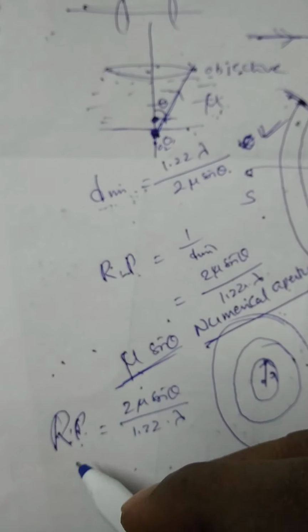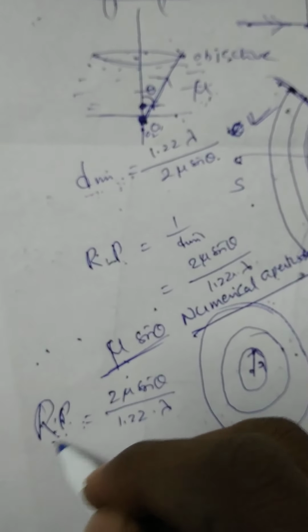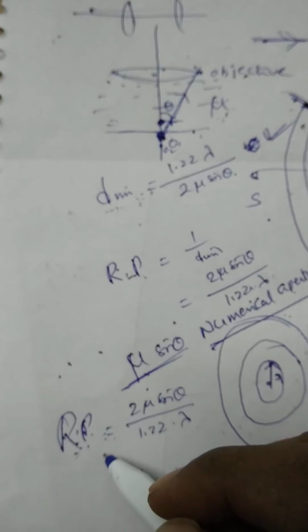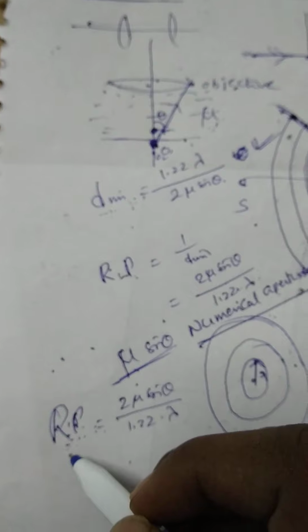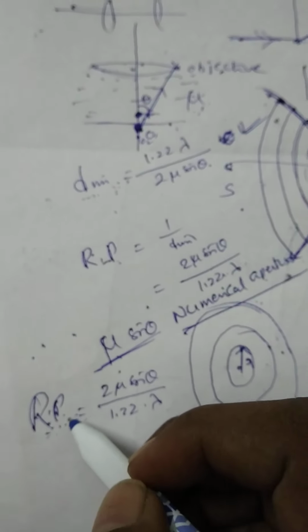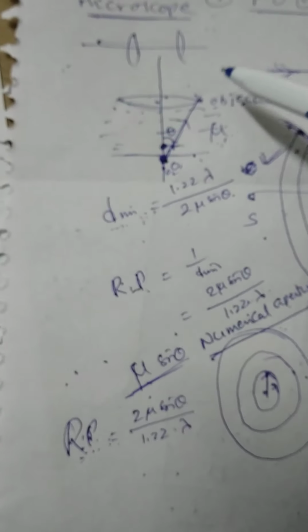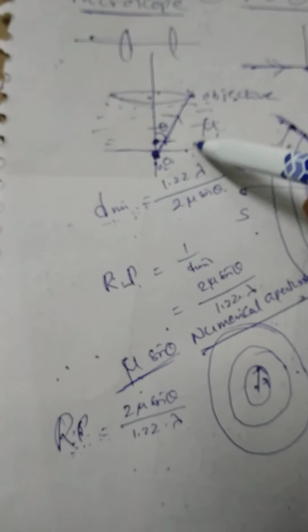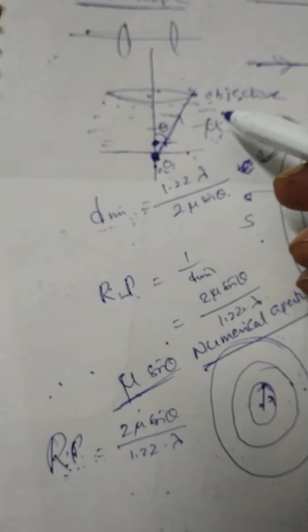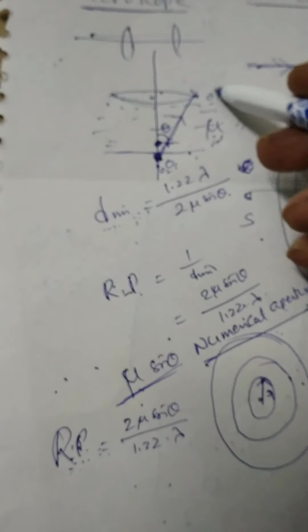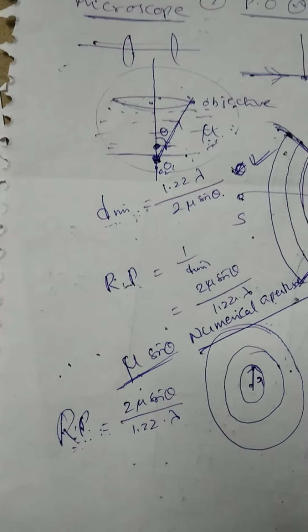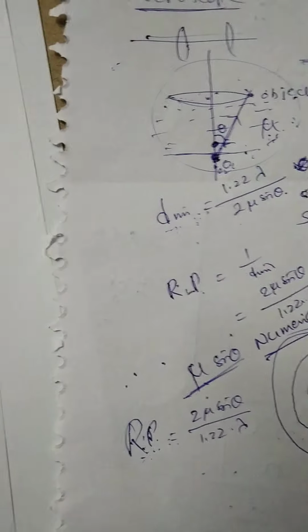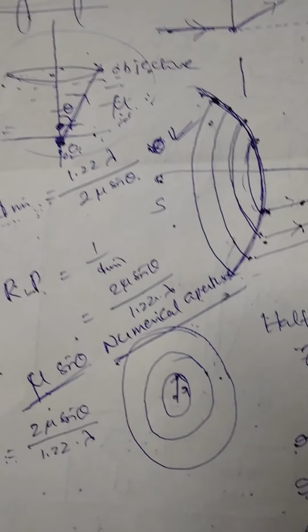Resolving power means the ability to see objects clearly, even when two objects are very, very close together. If the oil between the objective and the object has a higher refractive index, that type of microscope is called an oil immersion microscope.